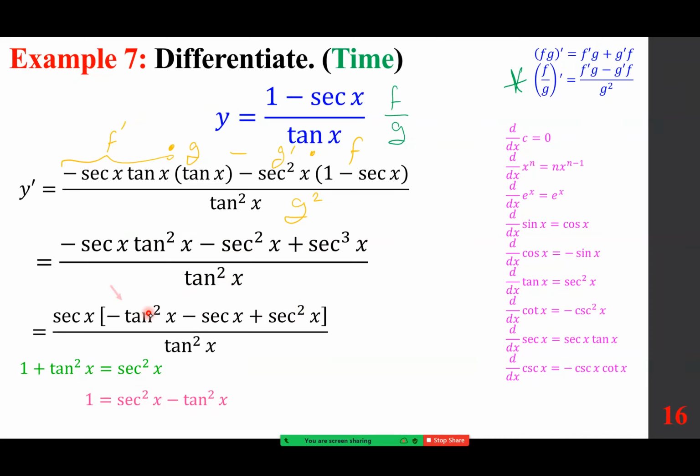In other words, we have this one and this one, and the two will give us simply 1. So inside the brackets, we get 1 minus secant x. So the final answer, y prime, is secant x times the brackets 1 minus secant x, over tan squared x. And that is the final answer and the simplified version.